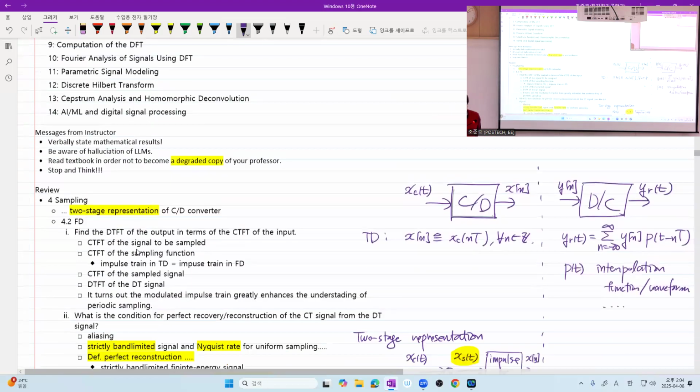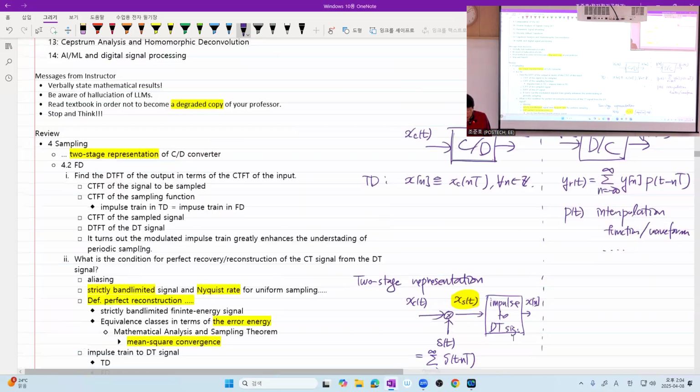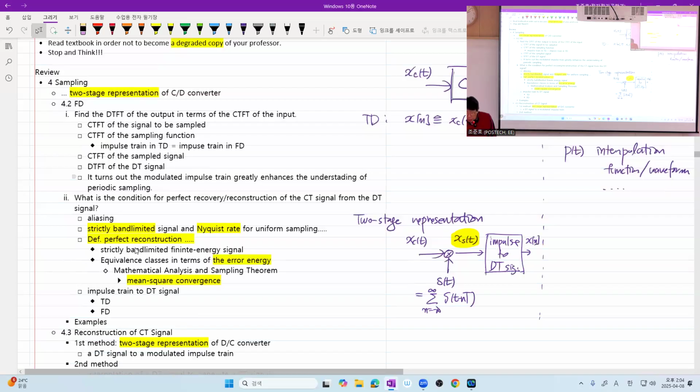What about the D2C converter? For the D2C converter, we have almost the same thing. So here goes the input DT signal. And you have DT signal to impulse trains, modulated impulse trains. So you may have x sub s of t.